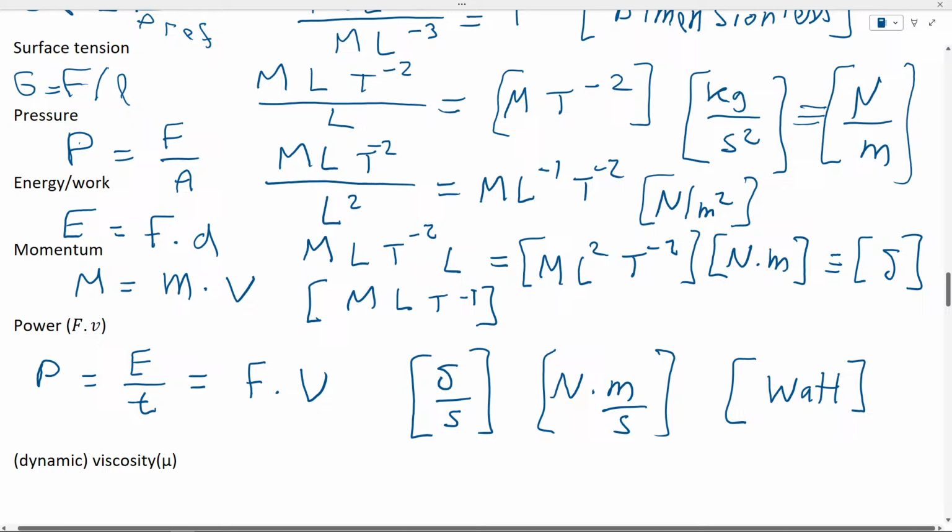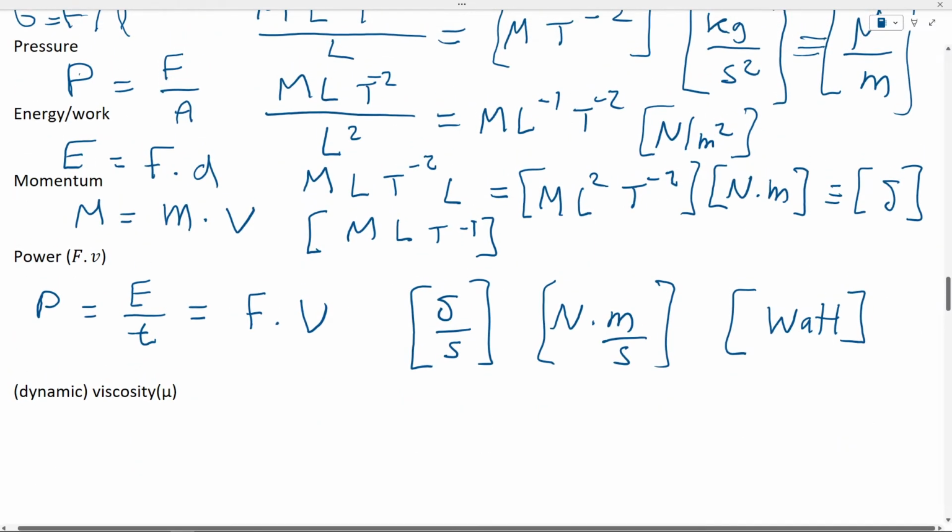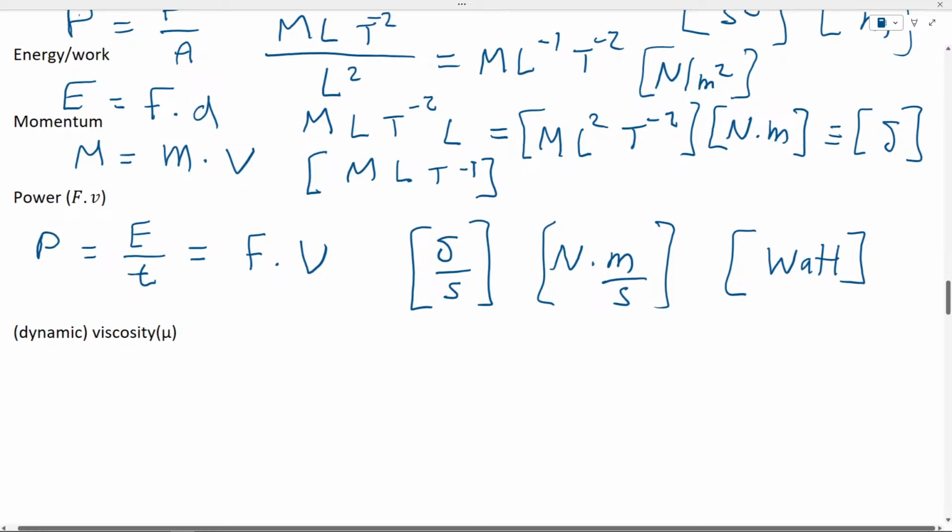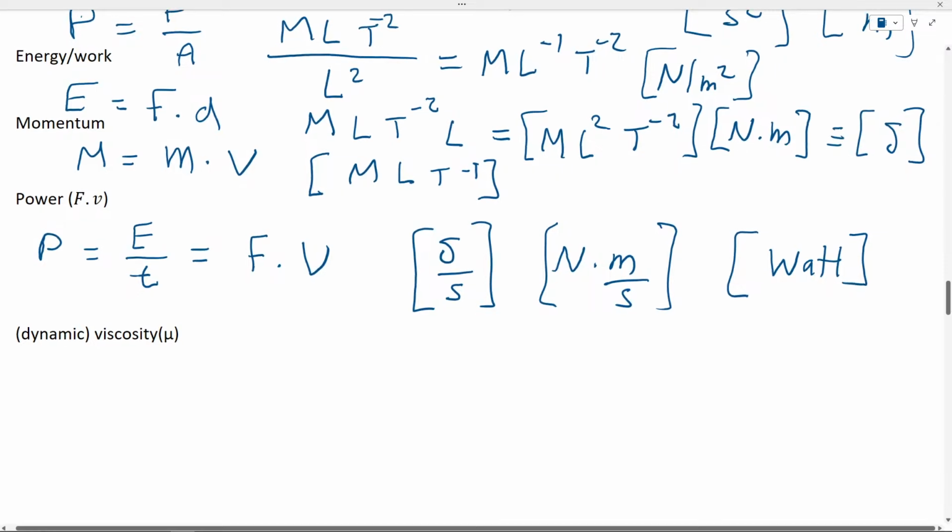And what would be the dimension of this? If I ask you the dimension of power, you know how to do this. The dimension of power is force, M L T^-2, times velocity, L T^-1.